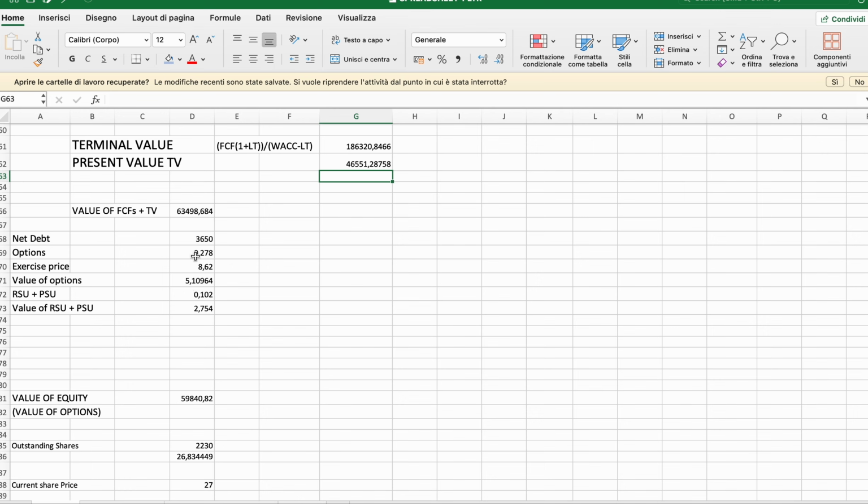I didn't use the Black-Scholes model for a simplistic reason, in order to ease up the process. Probably the value is slightly higher than this, but it's not something that can really change the overall valuation of the company.